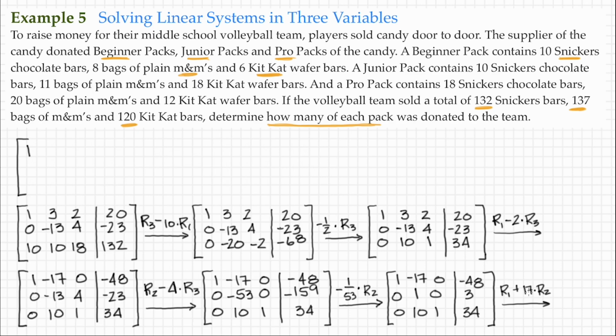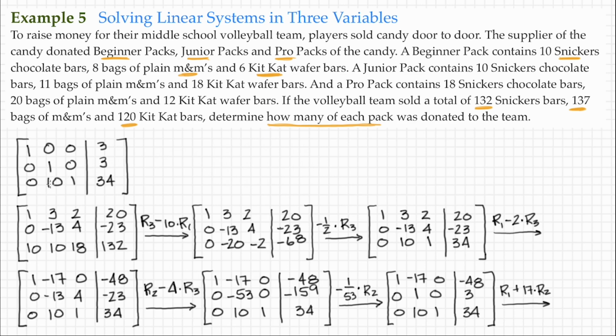Then 1 times 17 is 17. Negative 17 plus 17, 0. And then we have 0 here. Bring down our vertical bar. 3 times 17 is 51. Negative 48 plus 51 is 3. Close off our bracket and bring over the rest of the values. 0, 1, 0, 3, 0, 10, 1, and 34.